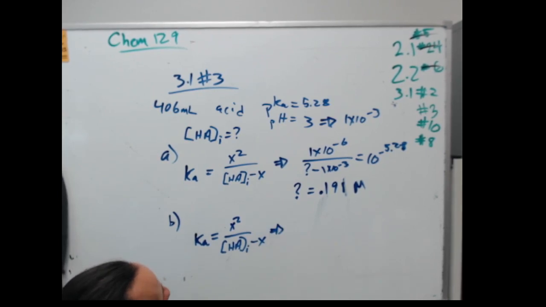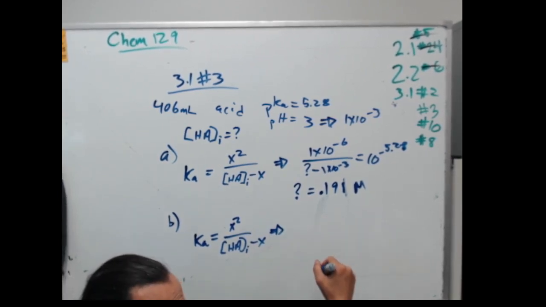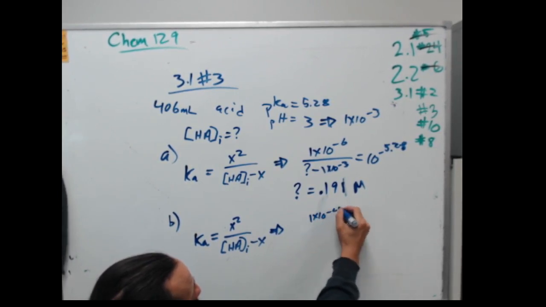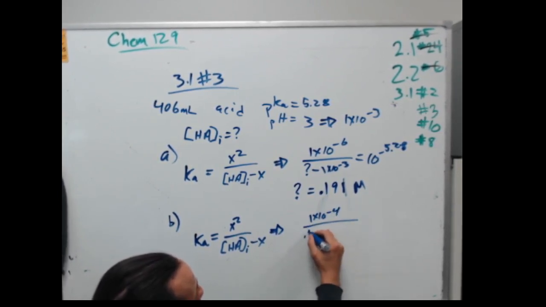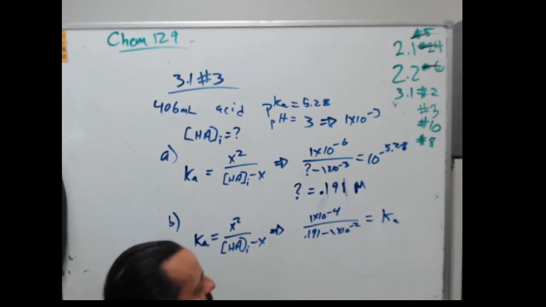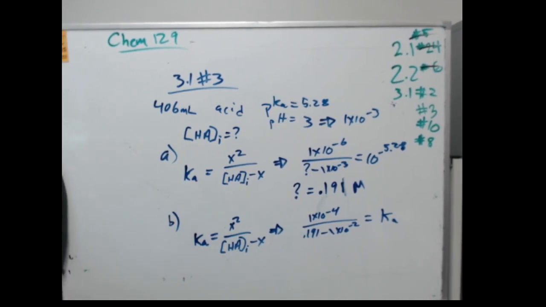But now when we plug that stuff in, you said pH of 2? Yes. That's going to be 1 times 10 to the minus 4 divided by 0.191 minus 1 times 10 to the minus 2 is equal to Ka. It just switches which unknowns we have. You're fine. Don't worry about it.